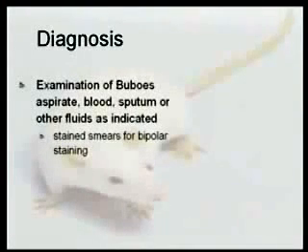Diagnosis: physical examination of buboes, aspirate or blood, sputum, or other fluids as indicated. One takes the aspirate of a bubo, puts it on a slide, fixes it, and stains it, and looks for the characteristic bipolar staining organisms.